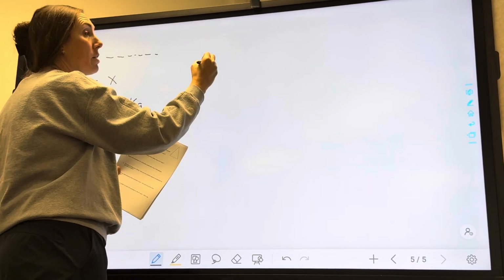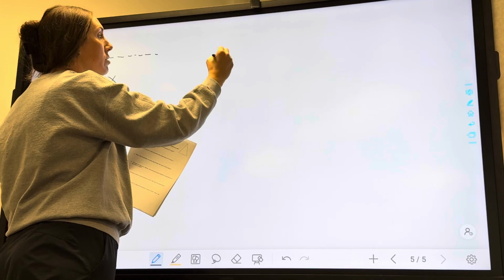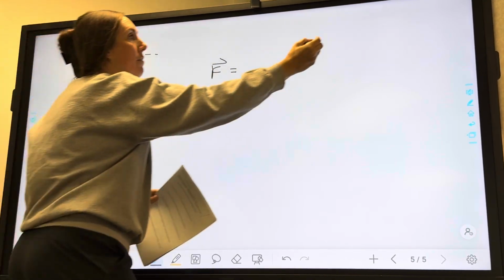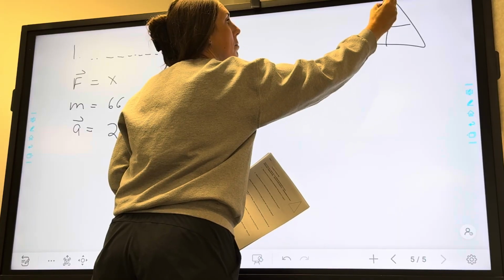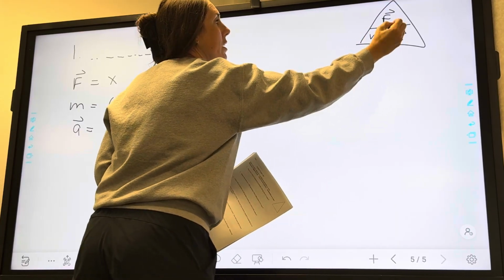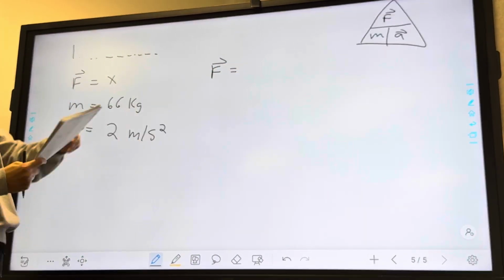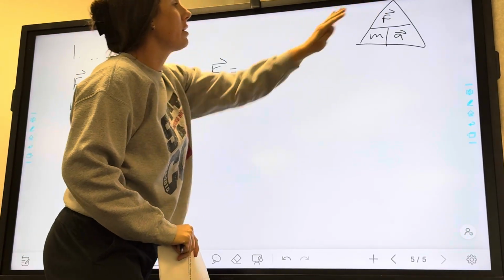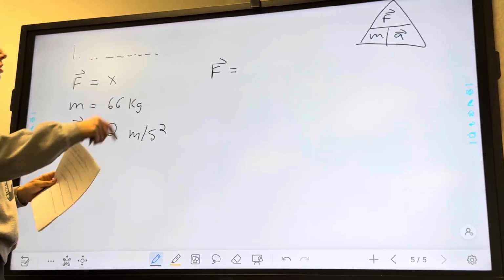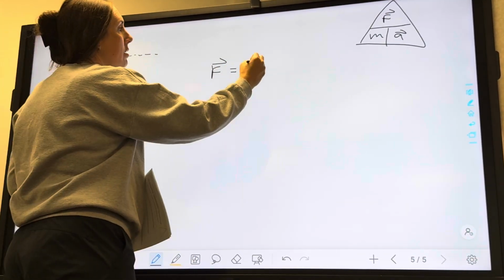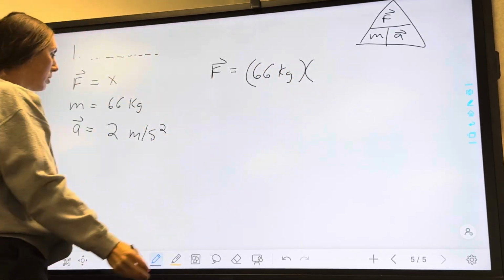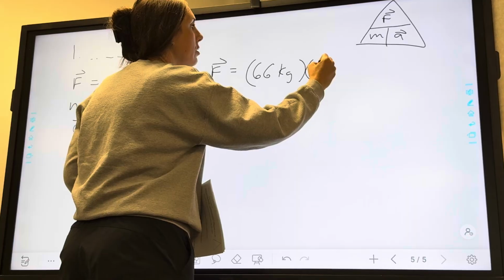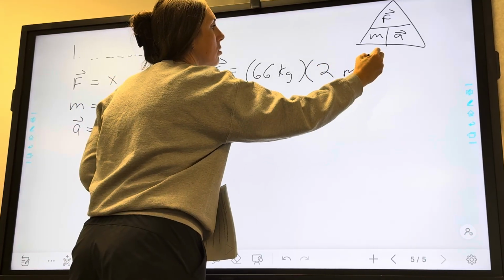So you should be solving for force equals, okay? If I have my triangle up here, we already said force is up here, mass acceleration. Okay, I don't know my force, so when I cover my force, it's just mass times acceleration. So force is 66 kilograms times 2 meters per second squared.